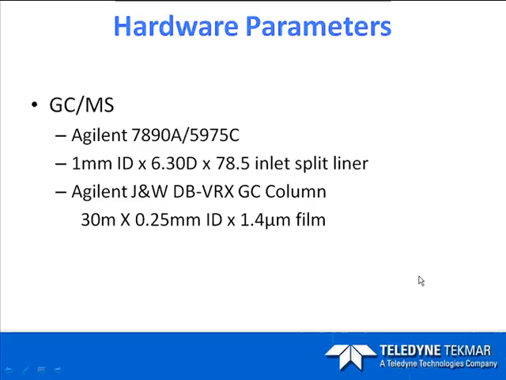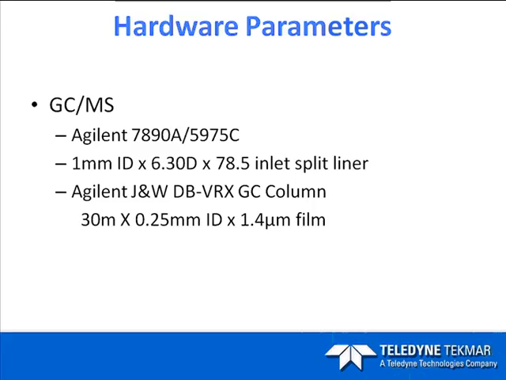Now for this analysis, for the purge and trap GC-MS, we used an Agilent 7890 5975C with a 1 millimeter ID inlet split liner, and we used a J&W DB-VRX 30 meter, 0.25 millimeter, 1.4 micron film thickness column.